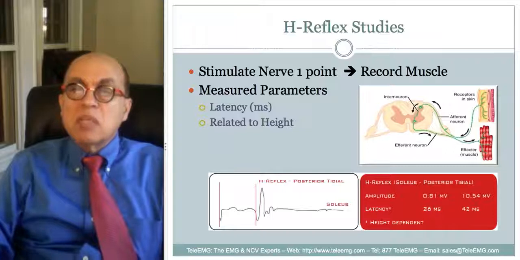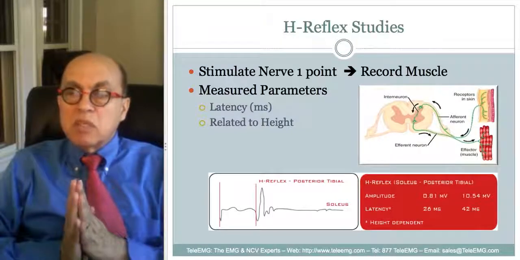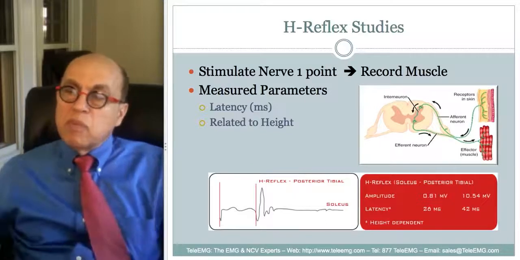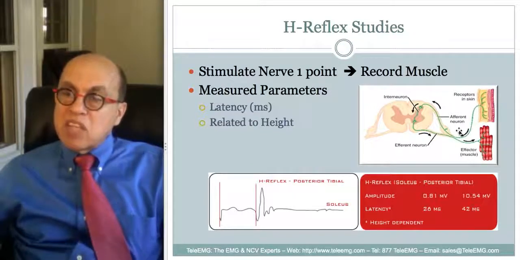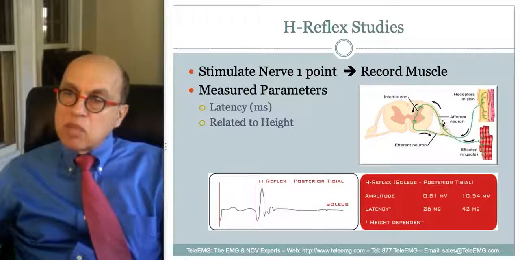And in this case, finally, we measure the H reflex, and we measure that from stimulating the sensory nerve here as opposed to the motor nerve. The sensory nerve goes up all the way to the spinal cord, connects with the motor nerve here, and generates a reflex.